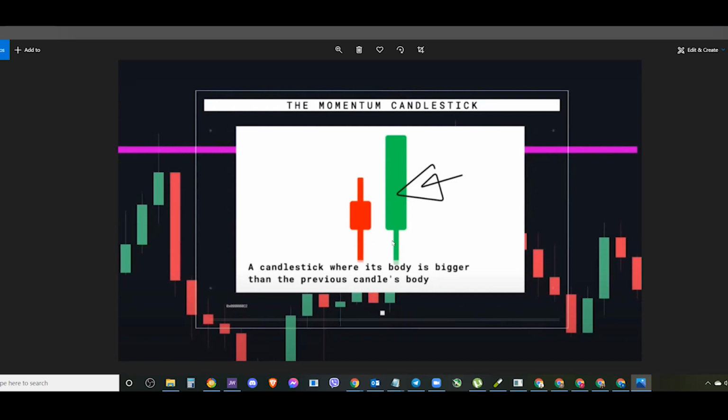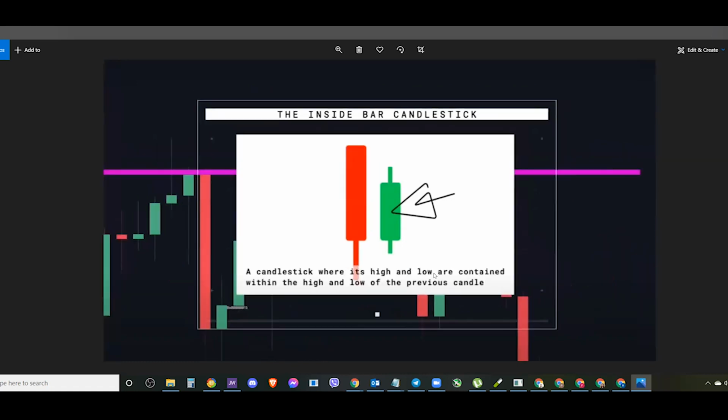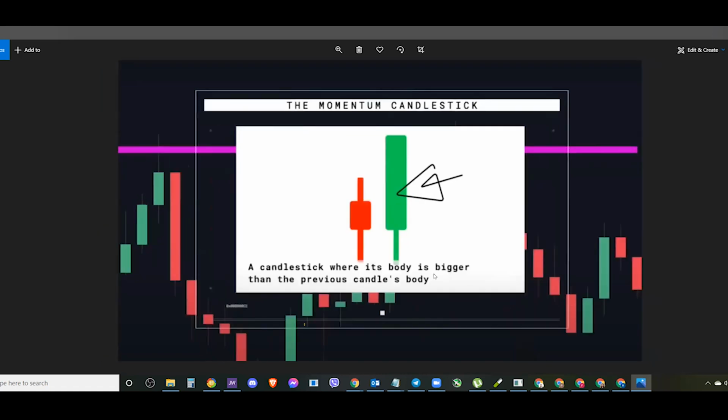But, since you see a bigger body of a candle, there is a change of the market trend. Possible, mas marami na ngayon ang nagbabayad doon sa asset na yon, sa stocks na yon, or doon sa crypto na yon. Okay. Dito naman, kung makikita mo, nagkaroon ng changes, merong bumibili pero yung momentum niya medyo mahina. Okay, so yun yung inside bar candlestick.